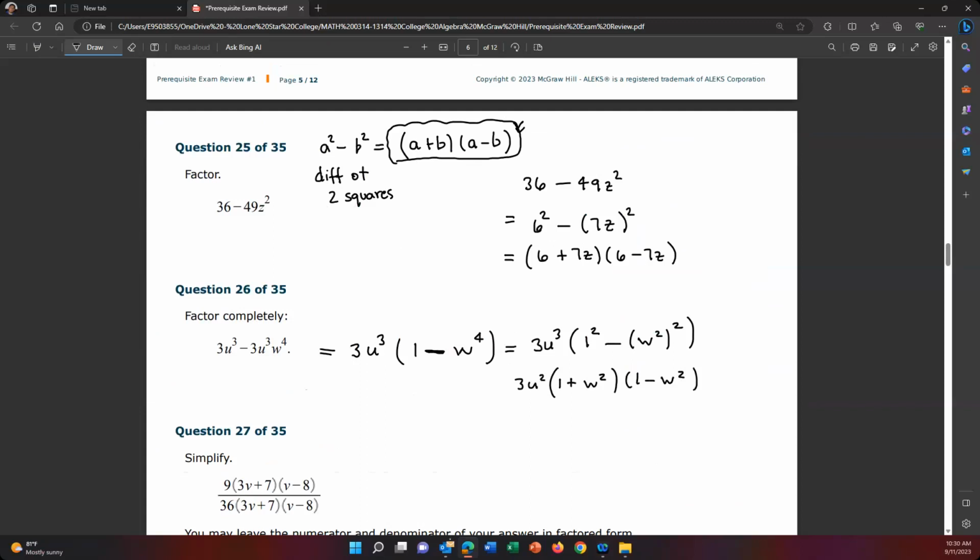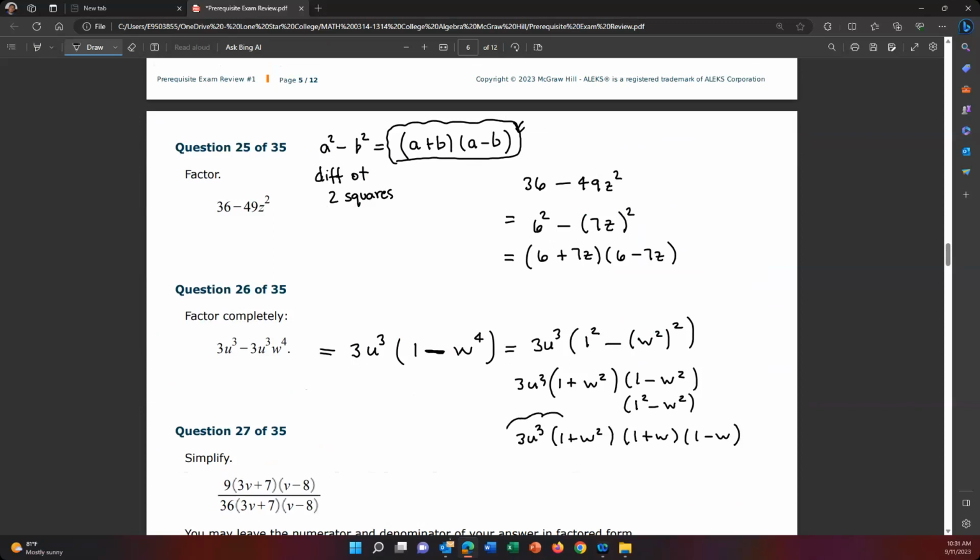Did you notice that this is also a difference of 2 squares? This is 1 squared minus w squared. Final answer: it's 3u cubed, 1 plus w squared, 1 plus w, 1 minus w.